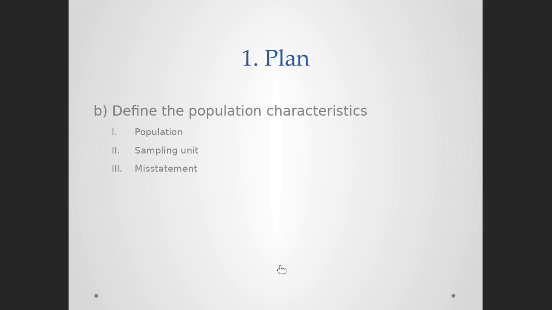And in the previous example, in the attribute sampling, we said deviation because we were testing the control. There is no misstatement when you're testing the control. There is deviation, meaning they did not follow the control procedure. But here we are looking for the accuracy and existence of a particular item, for example, inventory. So here we would have to define what misstatement means.